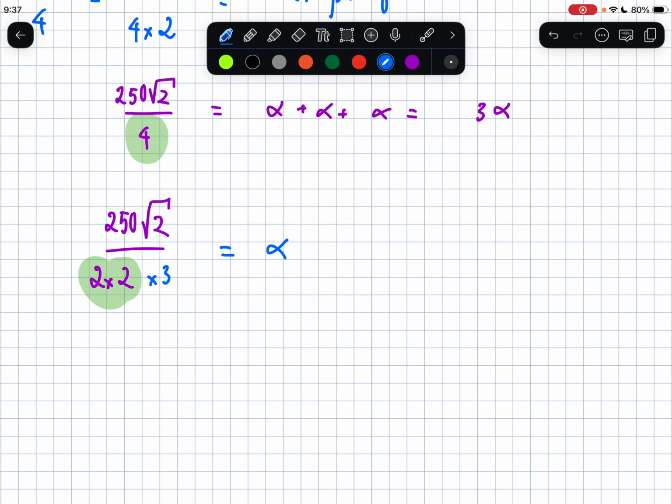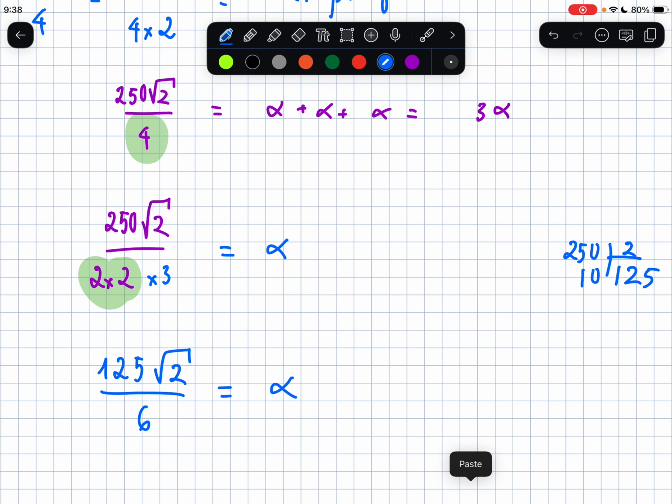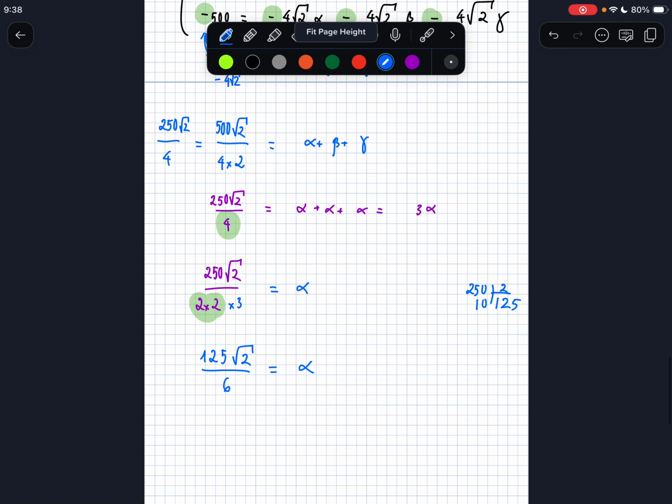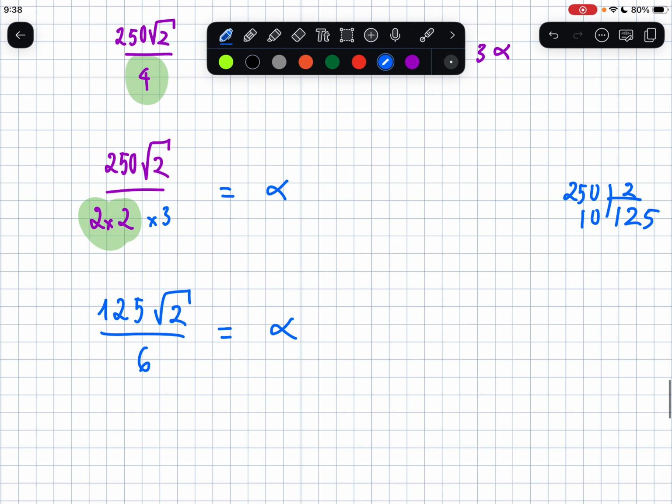So 250 divided by 2 is 125. 125 square root 2 divided by 6 equals alpha. So alpha is 125 square root 2 divided by 6, and this is also beta and gamma.